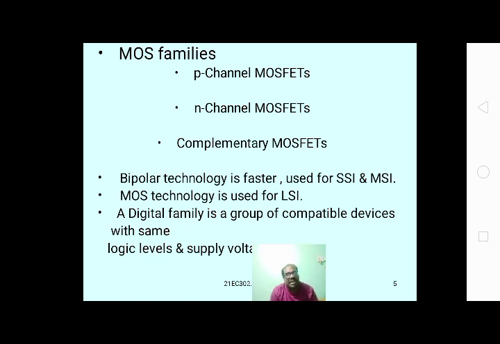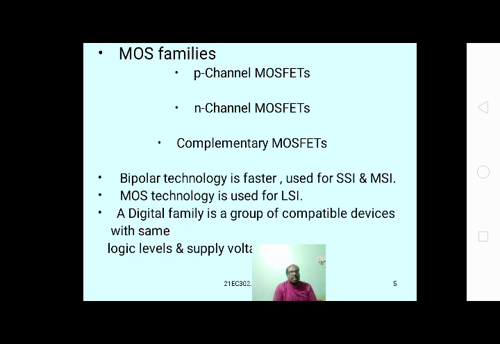Next, bipolar technology is faster, used for small scale integration and medium scale integration. Here there are different levels of integration also. First of all, SSI means small scale integration, MSI means medium scale integration, VLSI means very large scale integration.